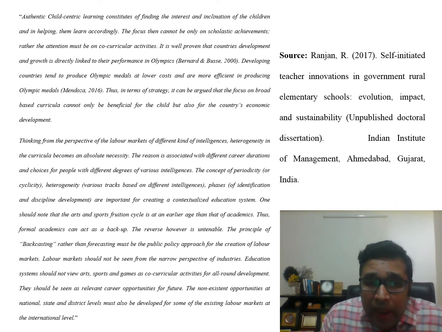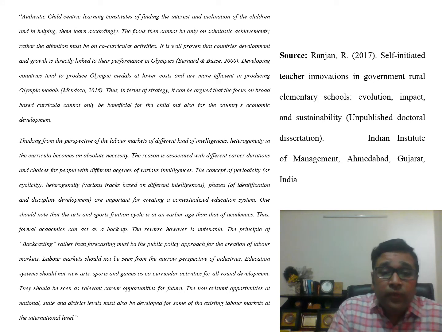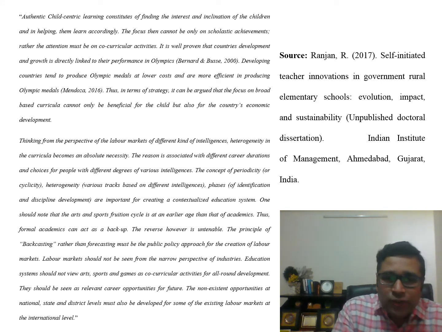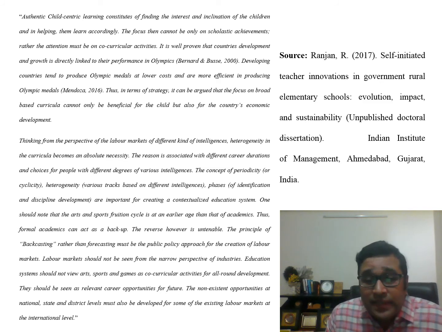The principle of backcasting rather than forecasting must be the public policy approach for the creation of labor markets. Labor markets should not be seen from the narrow perspective of industries. Education systems should not view arts, sports and games as co-curricular activities for all-round development. They should be seen as relevant career opportunities for the future.